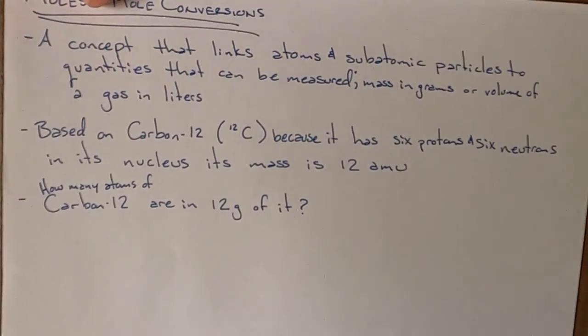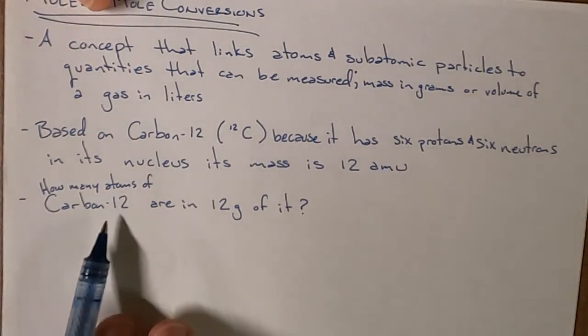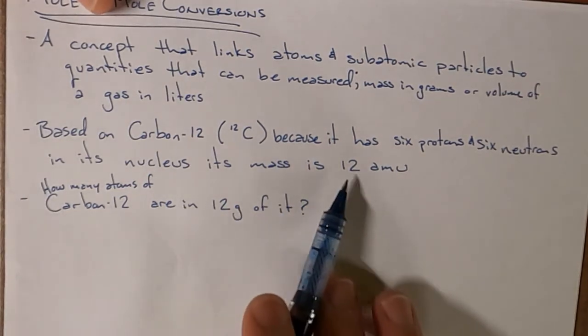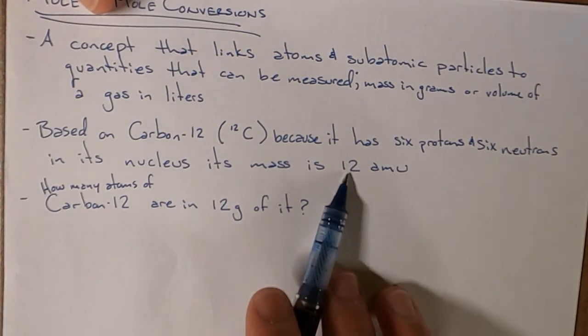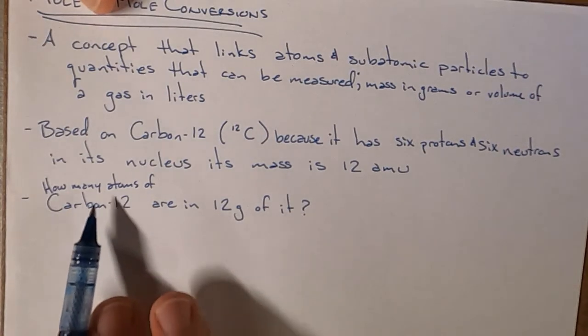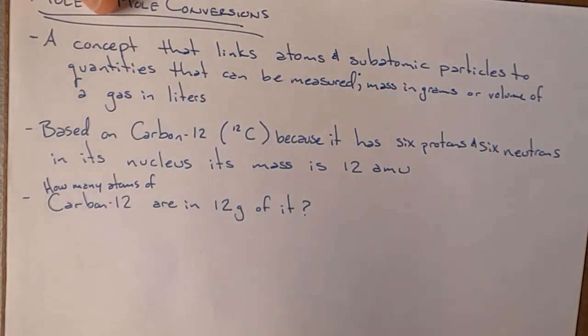And so there were some experiments done to figure out, with carbon-12 having an atomic mass of 12, how many atoms of it are in 12 grams of it.